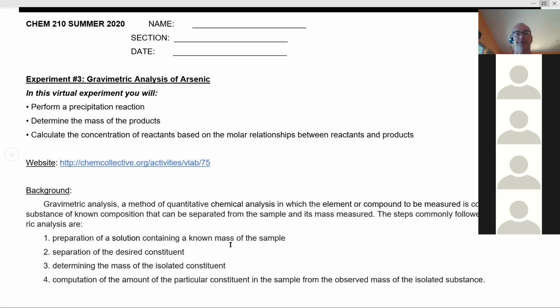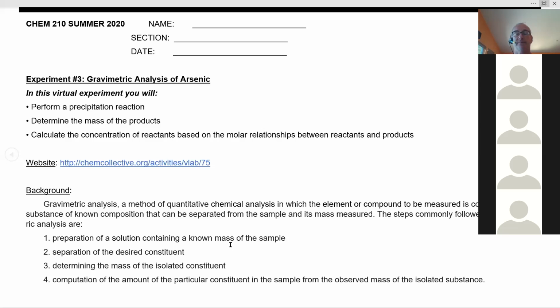One of the products of the reaction is what we call a precipitate. And we pretty much know what precipitation is, right? Precipitation is something that falls, like rain is precipitation because it falls. Well, in a chemical sense, a precipitate is also something that falls.